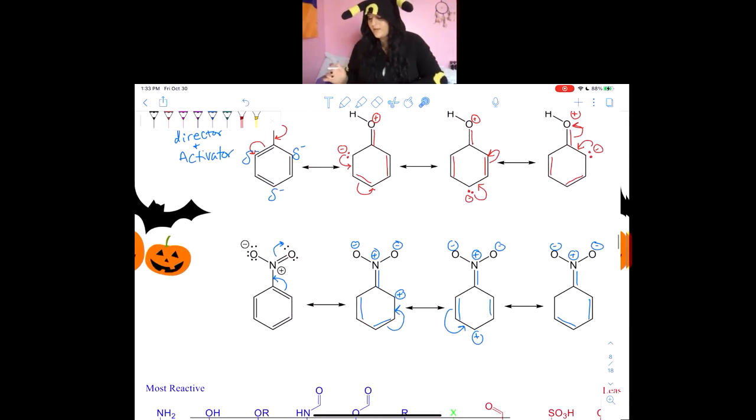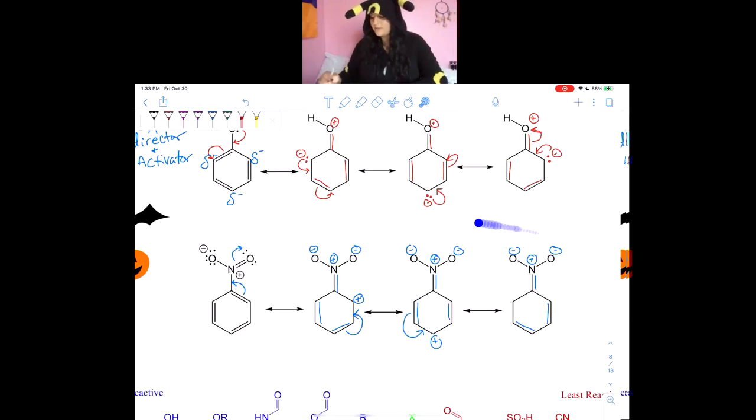And so with that logic, in this one, we have the same kind of movement around the ring. The charge is still going to be ortho-para, but now, instead of a negative charge, it's a plus charge. So in this case, we have a delta plus on our ortho and para positions. So that would mean that is very much less nucleophilic.